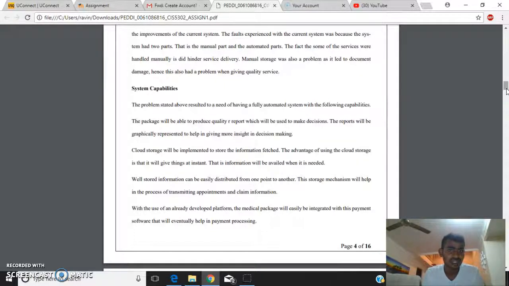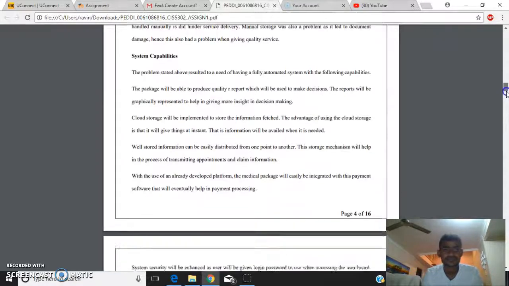Good storage will be implemented to store information fetched. And well-stored information can be easily distributed from one point to another. The storage mechanism will help in transmitting appointments and claim information.